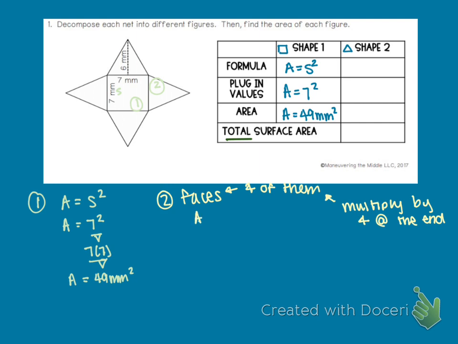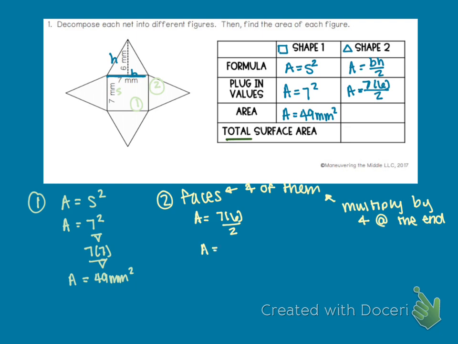So the area of a triangle, let's write that over here: A equals base times height divided by 2. Area equals your base right here is 7, and your height is 6. So 7 times 6 divided by 2.